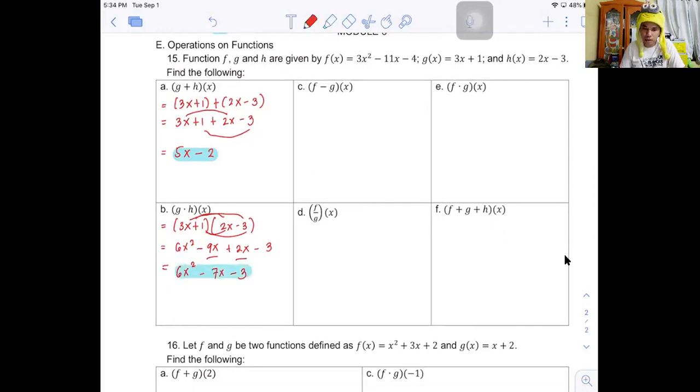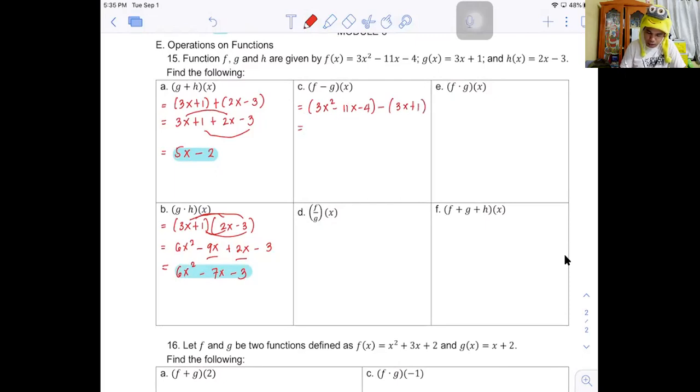Okay, now let's go to letter C. For letter C, what you're going to do is write it down first. But take note, we need to enclose it in parentheses and please watch the signs, okay? So for letter F is 3x squared minus 11x minus 4 minus our letter G is 3x plus 1.